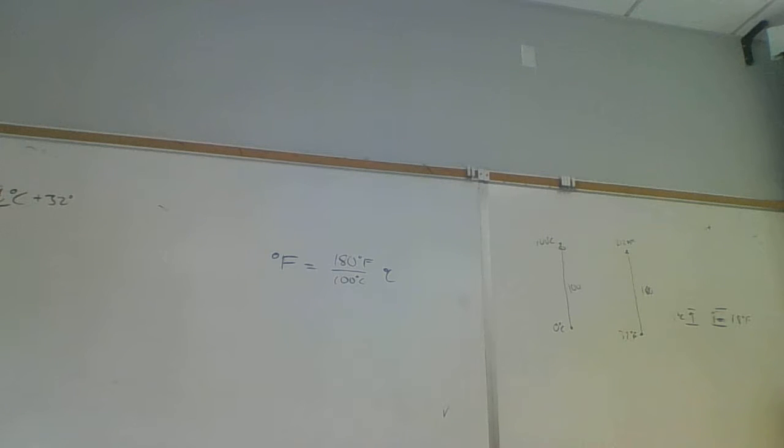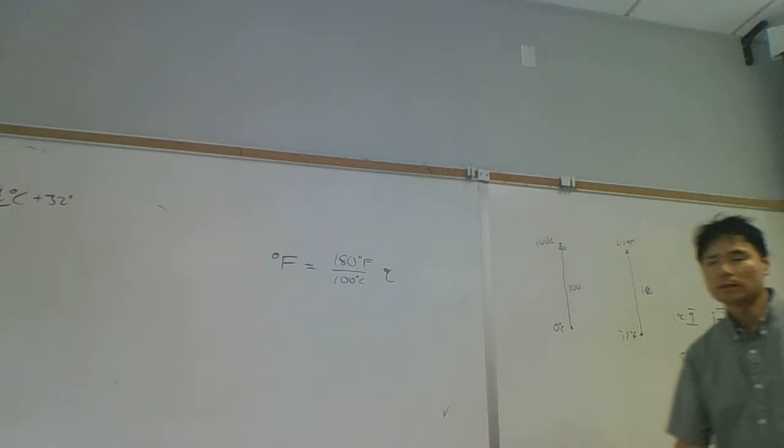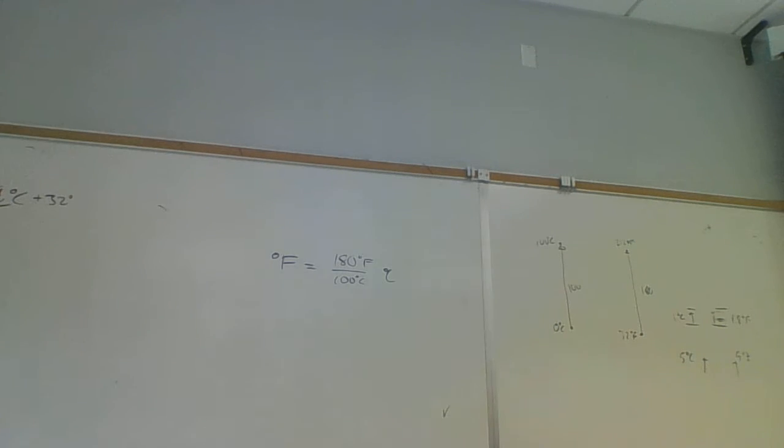Is that always true? Or in other words, for every 5 degrees C, I need to go up 9 degrees Fahrenheit. Is that true? And so we could look at a thermometer and see if that seems to be the case here.